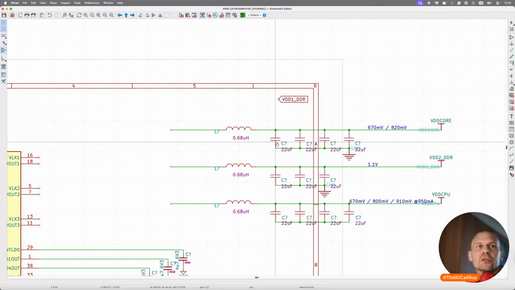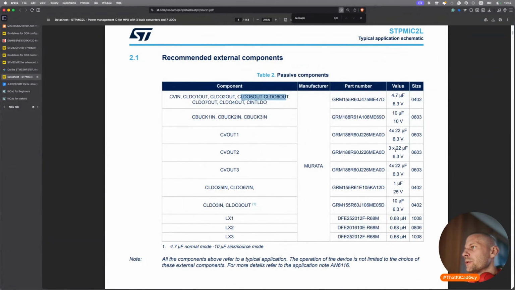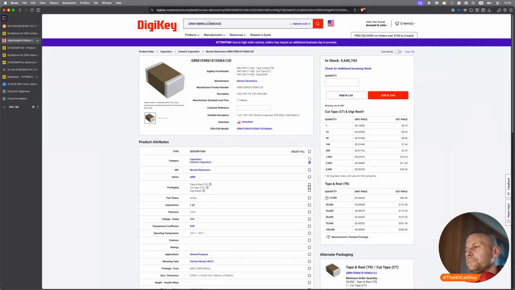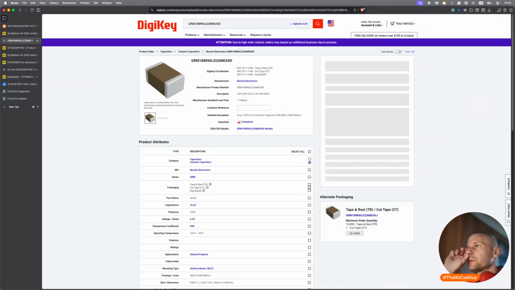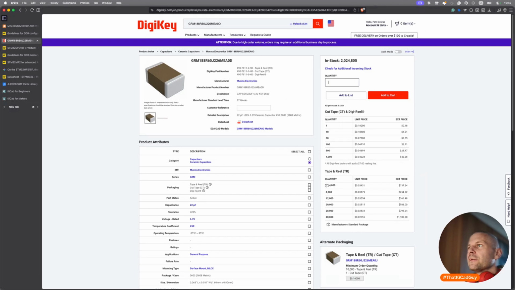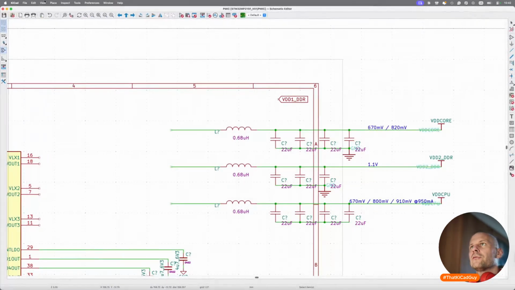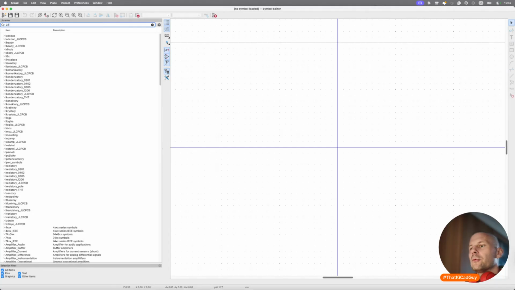And they mention that all the outputs must be of a 0603 X5R. At least I think I have other ones or not?